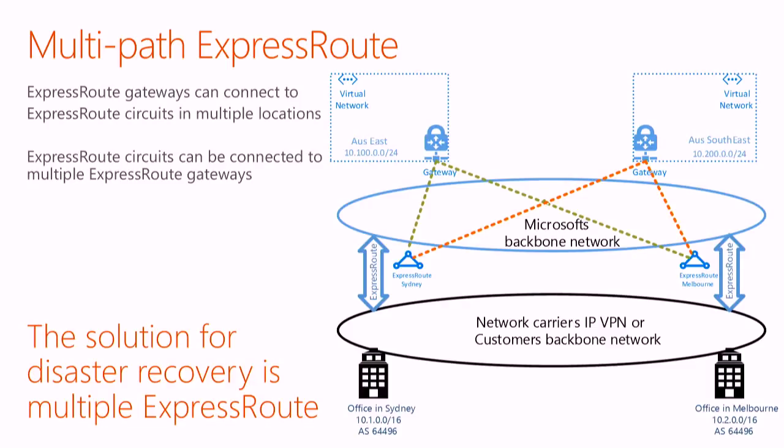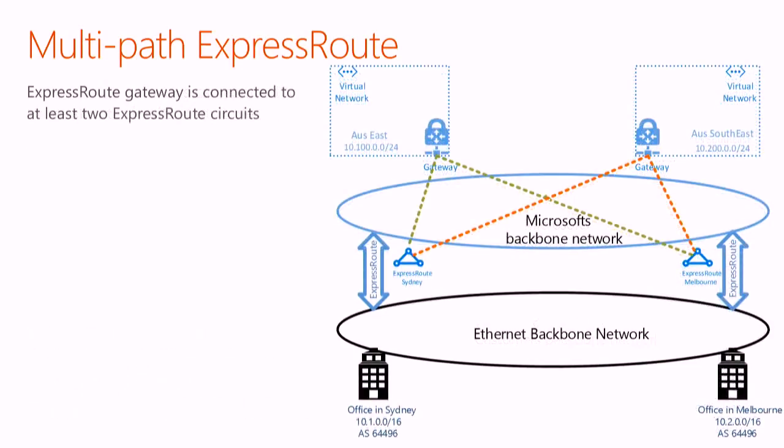In this case, I'm trying to show you 2 locations, Sydney and Melbourne, each with their own ExpressRoute circuit to their own Azure VNet in Australia East and Southeast. We have an address range for the Sydney region and 10.2 for the Melbourne region. How does the routing work, and how do we have a high availability connection here?